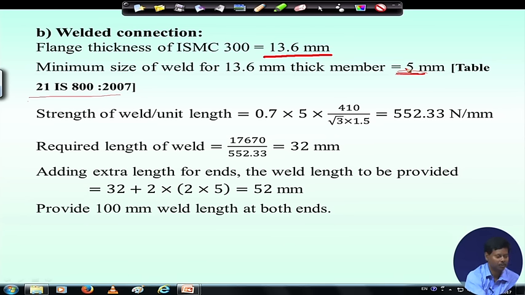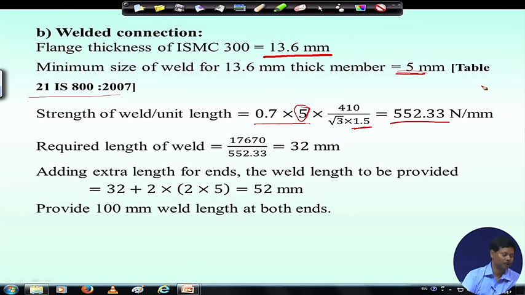So, strength of weld per unit length I can find out as 0.7 into S, S is the size of the weld. So, 0.7 S into Fu by root 3 gamma mw. For side weld, gamma mw value is 1.5 as we know from table 5, right. So, these values are coming as 552.33 Newton per millimeter.